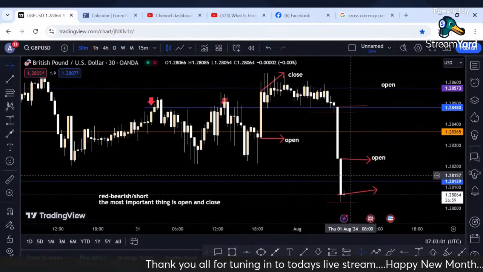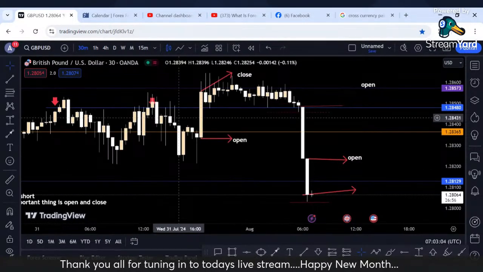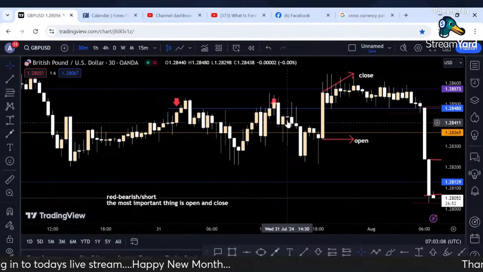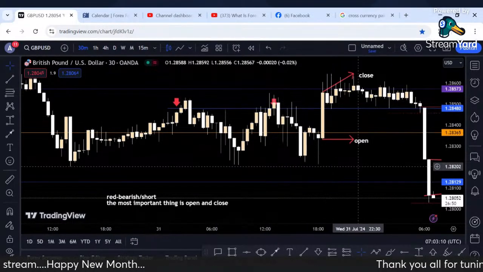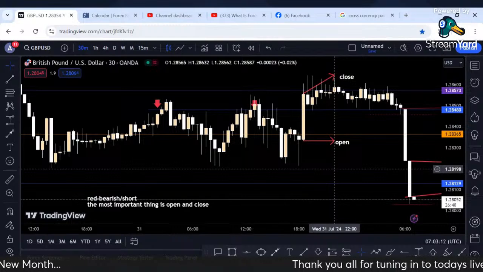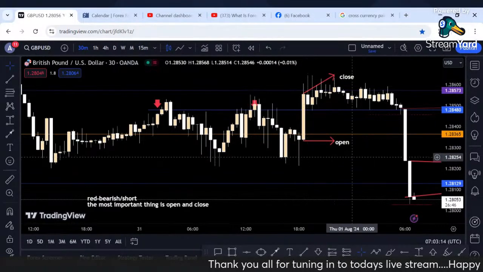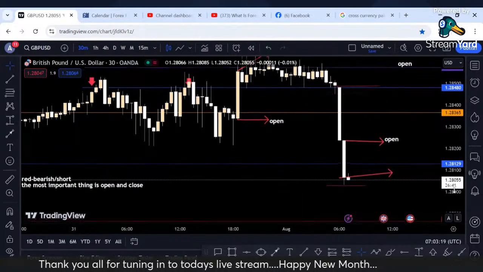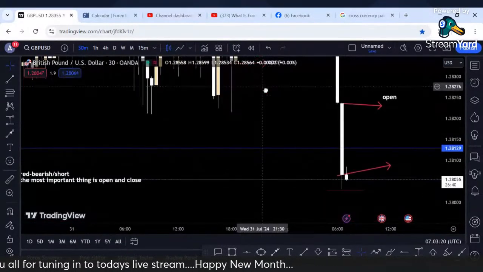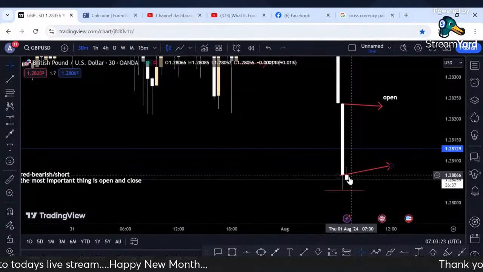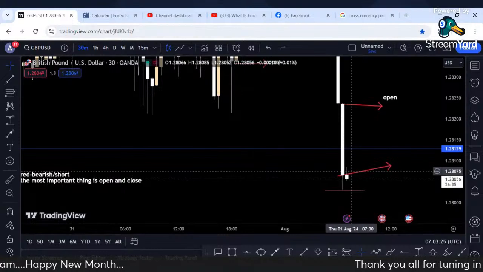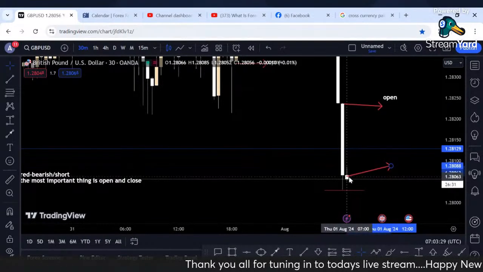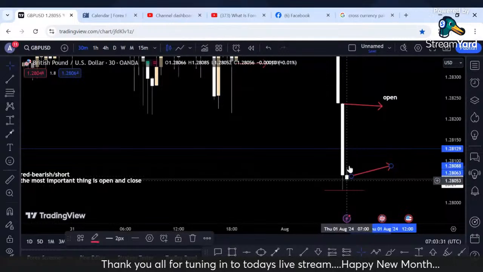The only way you are going to differentiate this candle is by the body and the close of the candle. If I'm going to differentiate whether this candle is currently bullish or bearish, what I'm going to use to determine it is where it opened here and where it is now in session.